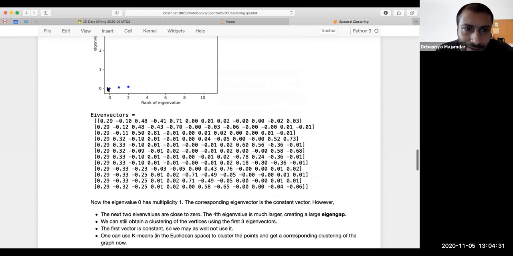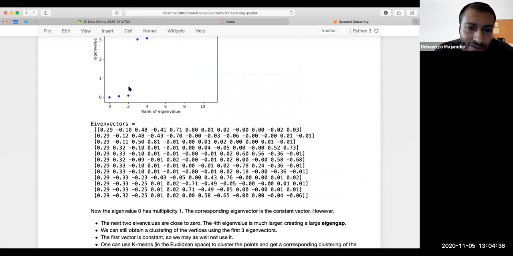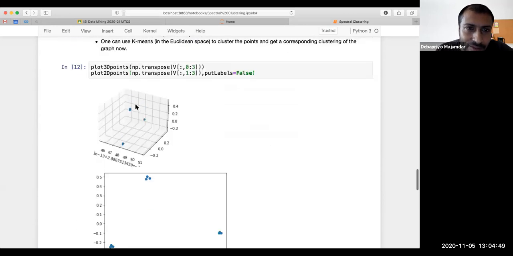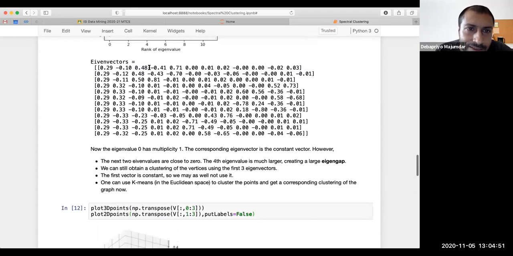So since we have 3 eigenvalues close to each other, we can safely assume, using the perturbation theory, that this graph should have 3 partitions. And then we can actually use that to make the 3 partitions. How? These are our points, right?